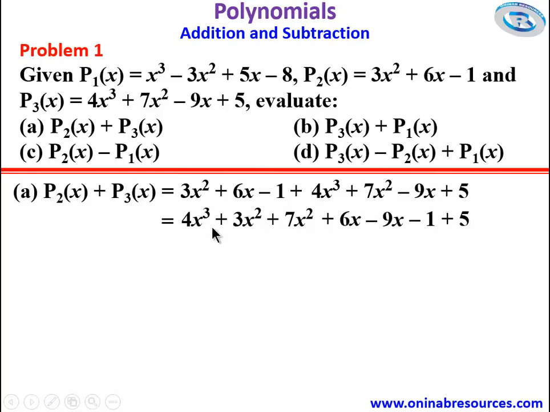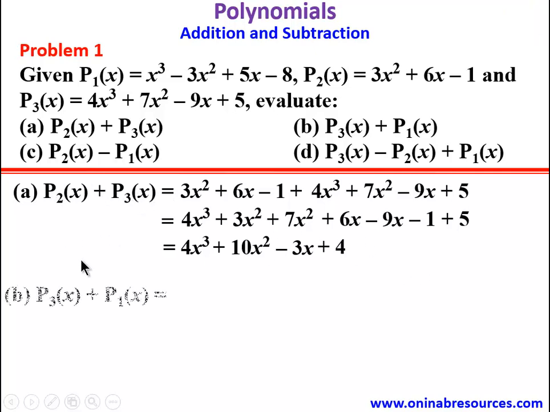We can then simplify. So we still have the x cubed term, 3x squared plus 7x squared gives 10x squared, and 6x minus 9x gives minus 3x, minus 1 plus 5 gives 4. And this is the result of adding p2 of x and p3 of x.